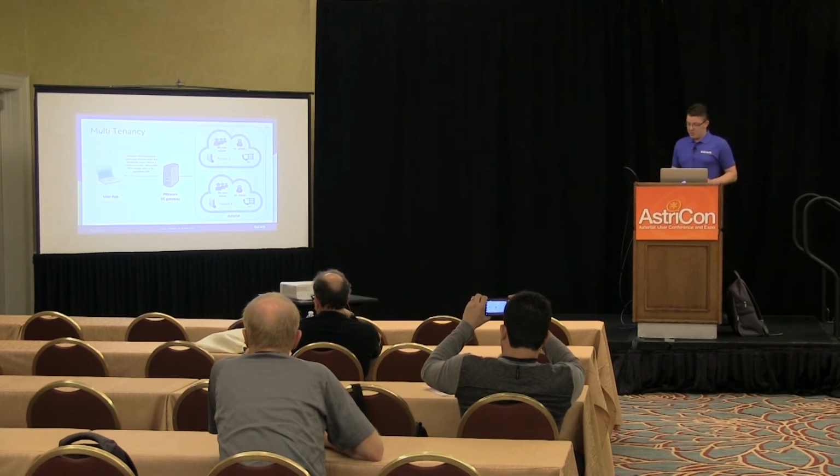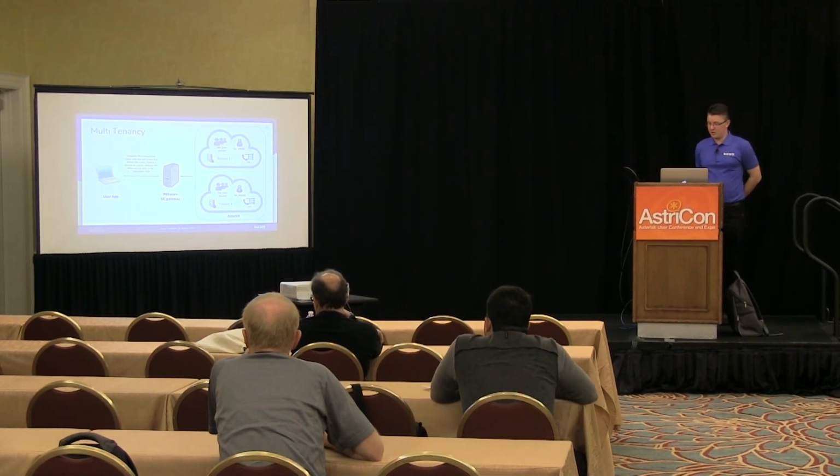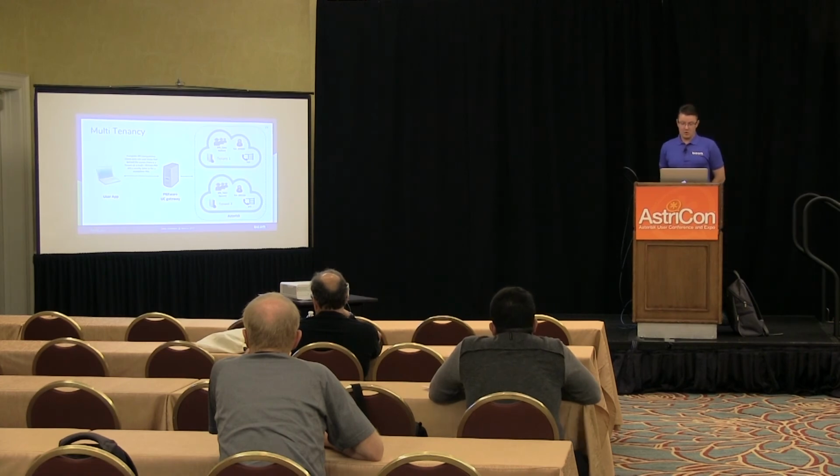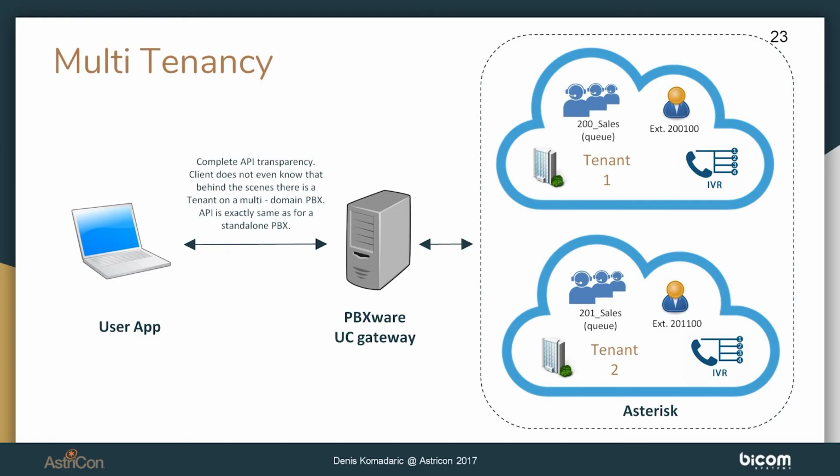And now let me mention the multi-tenancy, how we solve that. So in the backend, we use configuration files, and for queues, extensions, and all that stuff with a prefix of the tenant. But then this Unified Communications Gateway translates that, removes all the prefixes.